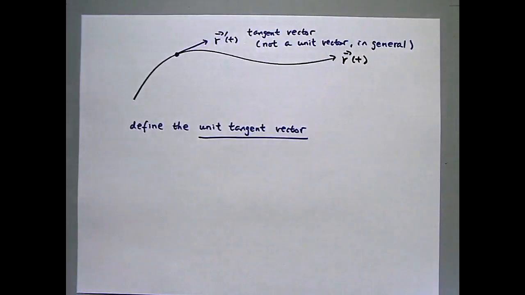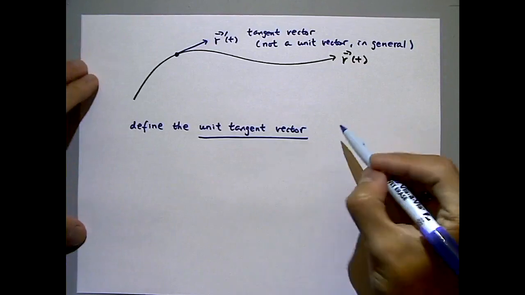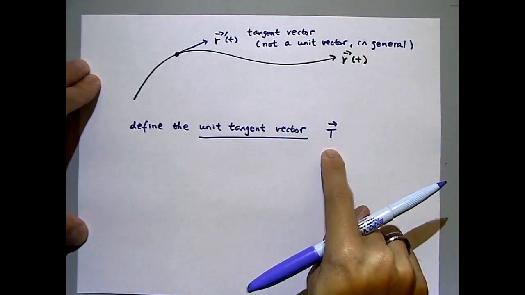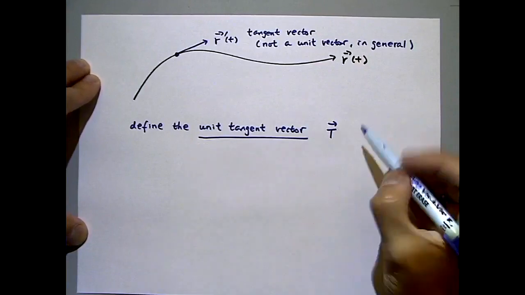And in many applications, the unit tangent vector is of some usefulness. It tells you the direction that you're going, factoring out the speed, simply knowing you're traveling in a certain direction. In this book, we use capital T for the unit tangent vector.